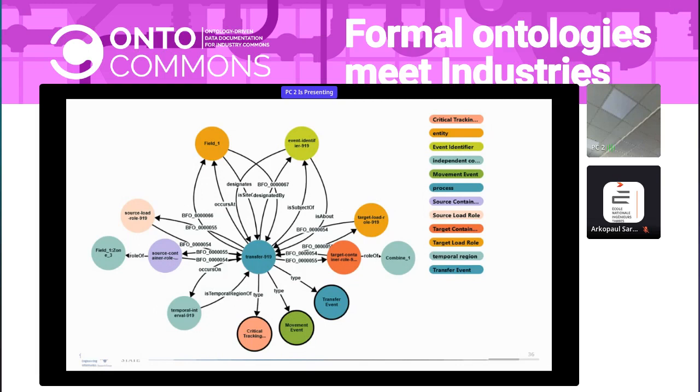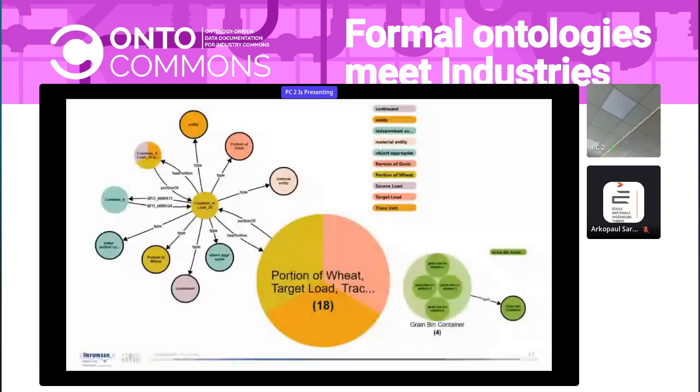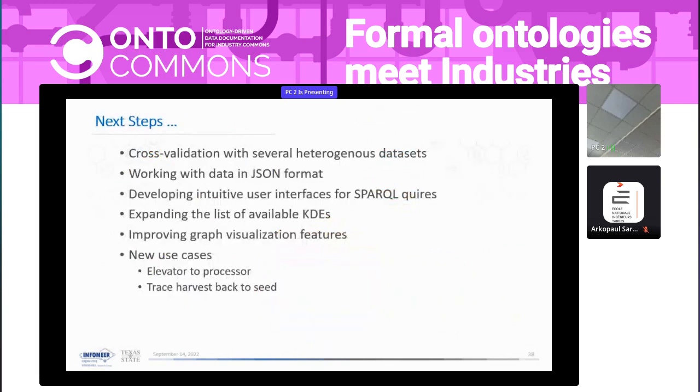This is part of Stardog Explorer. And again, the load is a type of object aggregate, also a type of portion of V, and has portion. So this load has several sub-portions that you can see through these pie charts. So again, that's kind of useful.